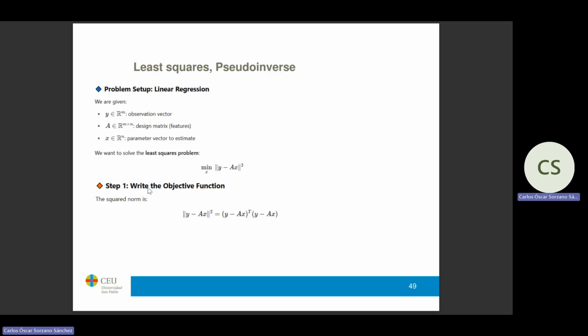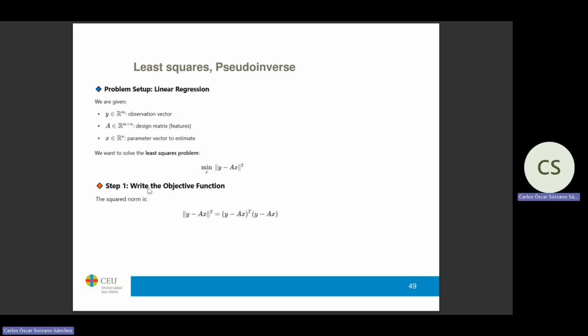I have some linear regression of y points on x, and I have to find the matrix A that relates x and y. So let's look at the basic things.